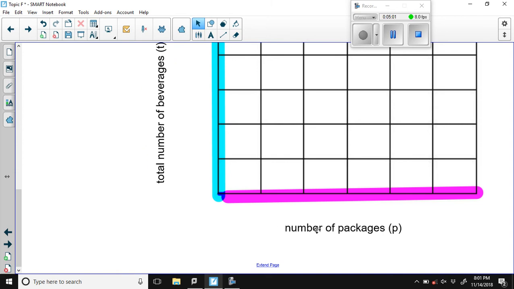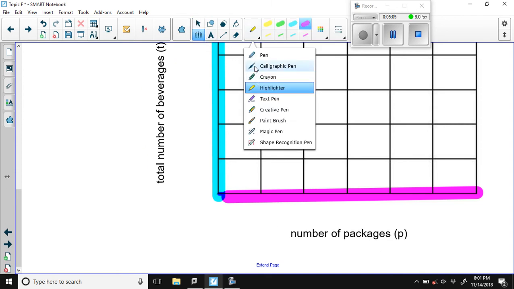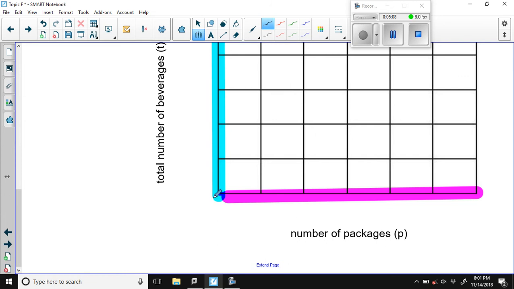Okay, so I've got my labels. Now the next thing I need to do is label my lines. Where these two axes meet, that is 0. And since my packages are counted by 1, I'm just going to keep the ones going. So I'm going to go 1, 2, 3, 4, and 5.